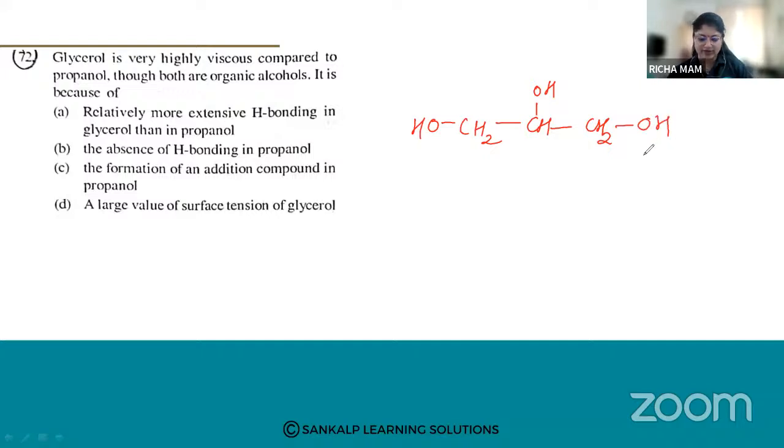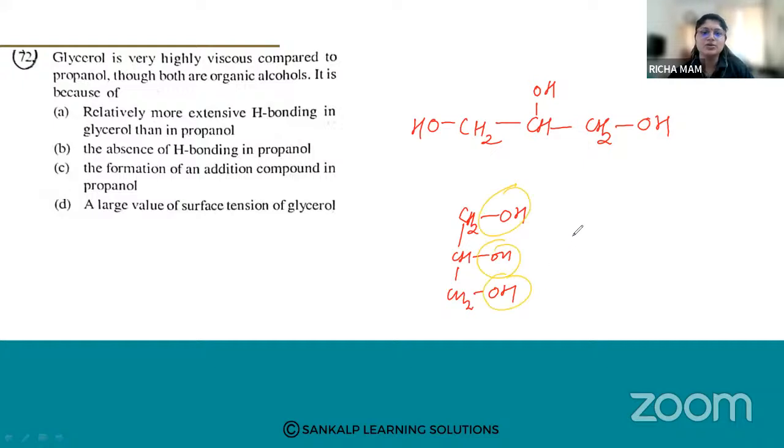So this is the structure of glycerol. I can also write it as CH2OH, CHOH, and CH2OH. In this alcohol, you can see that there are OH groups.